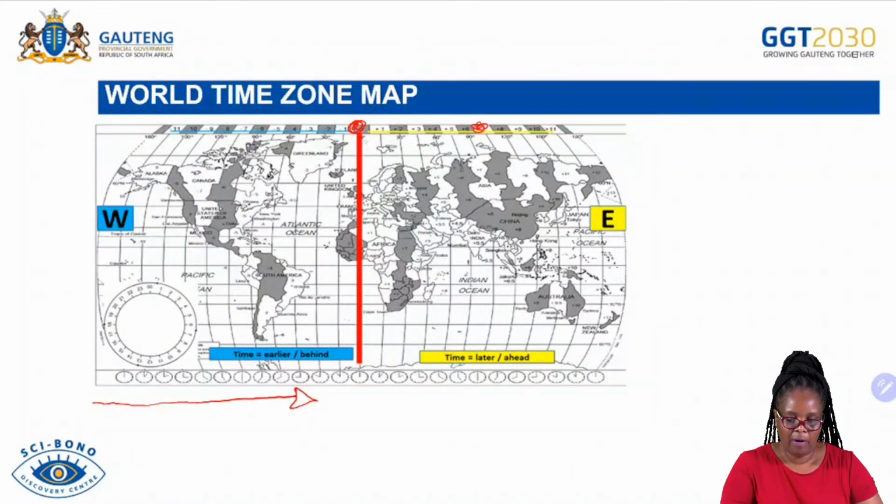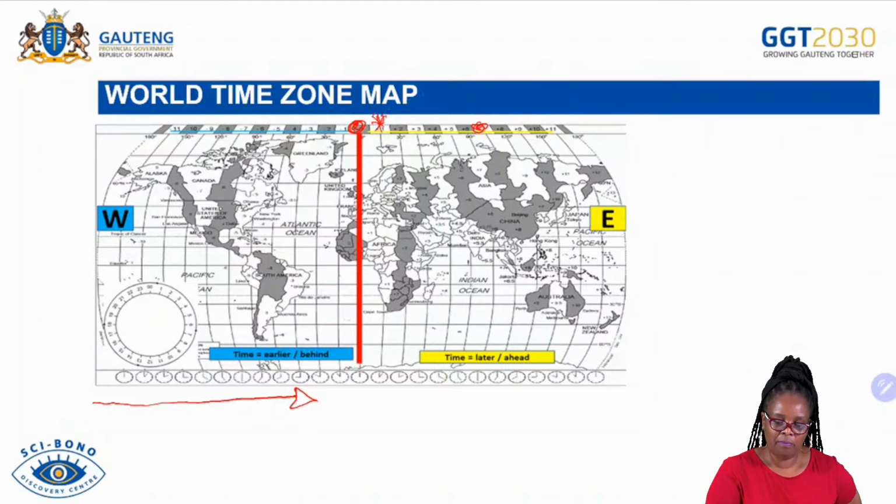London, now we are not calculating from 0, but we are calculating from +1 because of DST. So you put your finger there and you say 1, 2, 3, 4, 5, and 6.